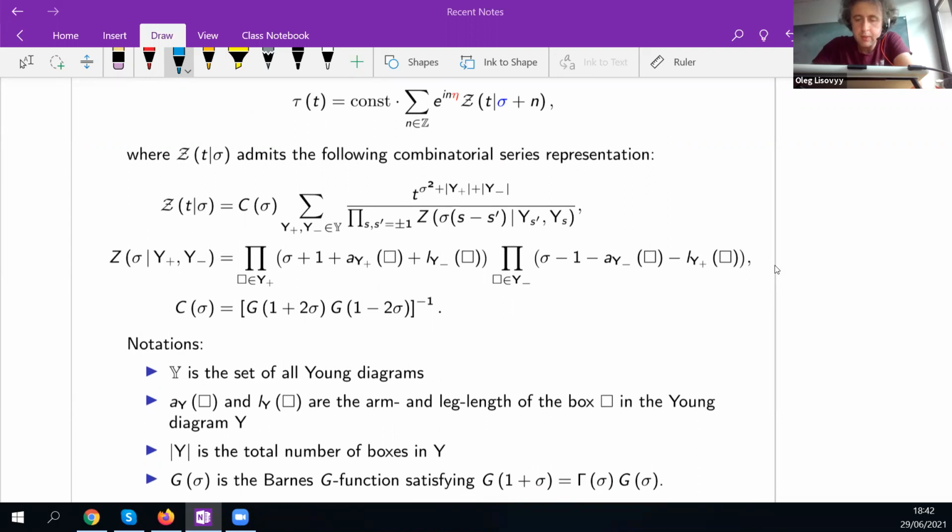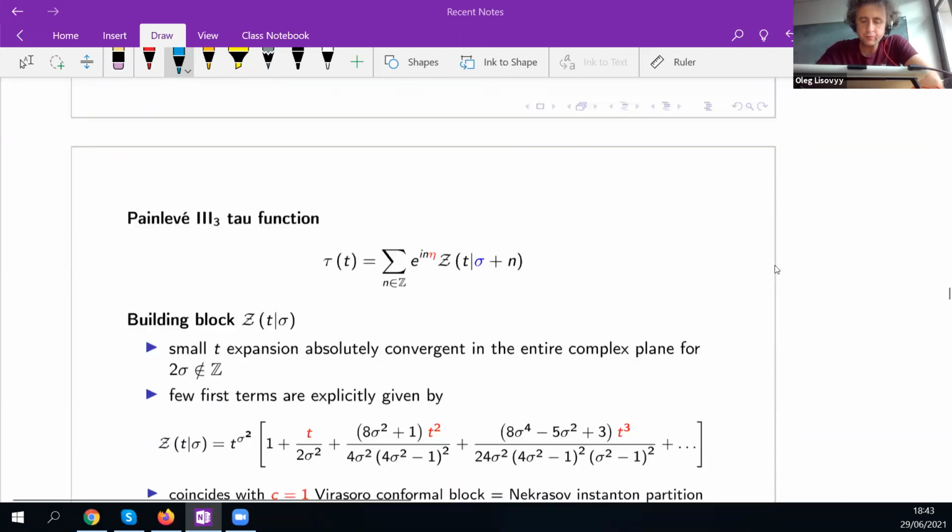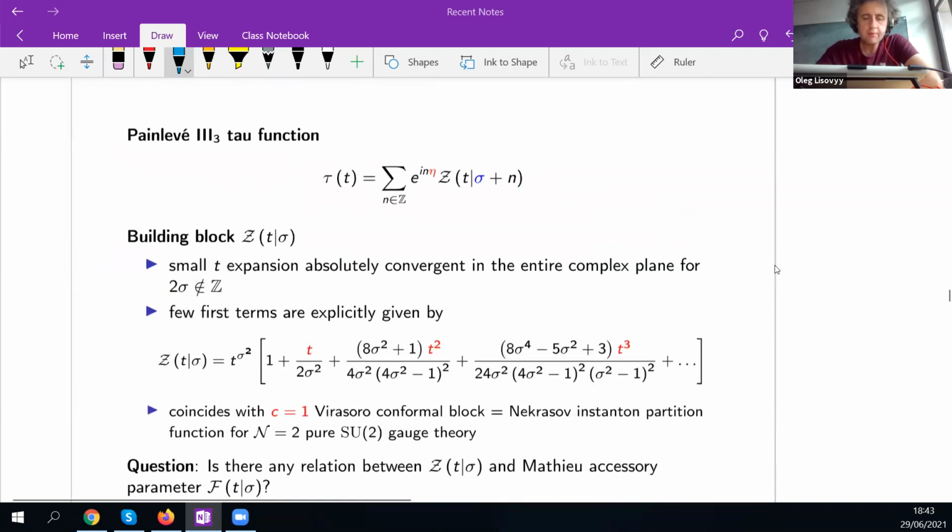It has a geometric definition as a generating function of volumes of instanton moduli spaces. Anyhow, we have this explicit representation, explicit solution of the inverse monodromy problem for the class of linear systems I have mentioned.